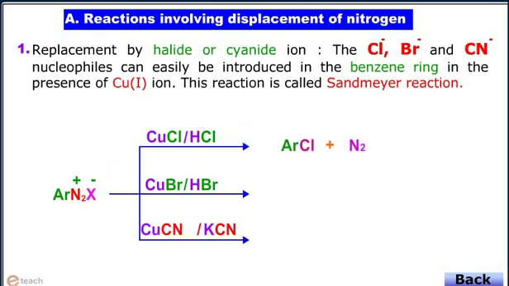ArN2+X− forms ArCl, ArBr and ArCN in the presence of the reagents CuCl/HCl, CuBr/HBr and CuCN/HCN respectively. Also in these reactions, N2 is released.